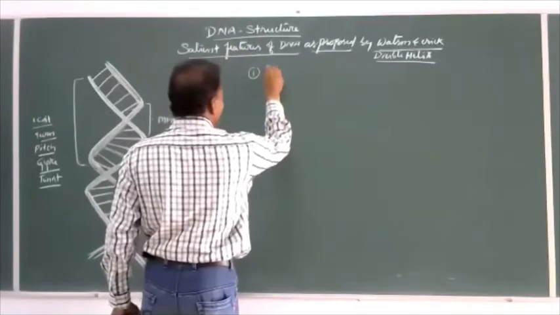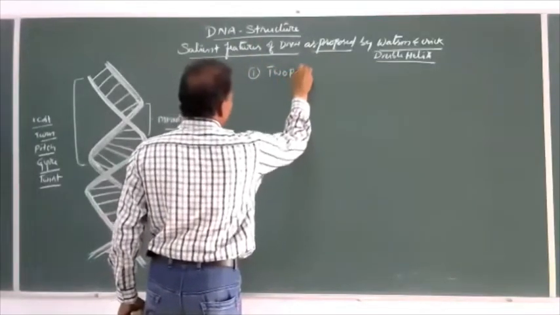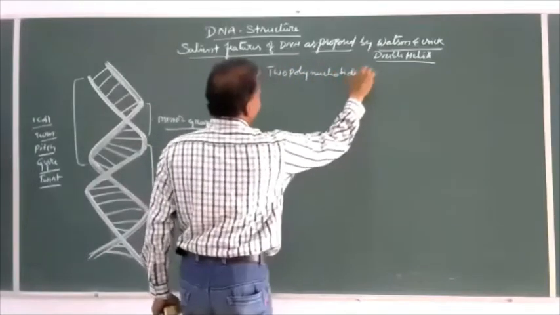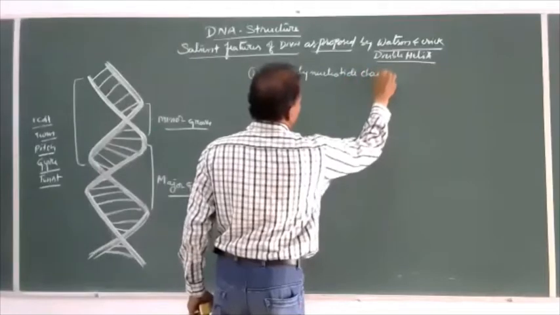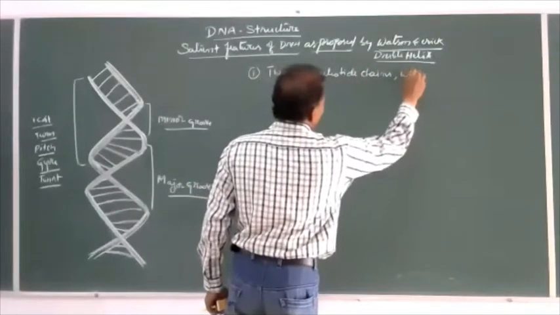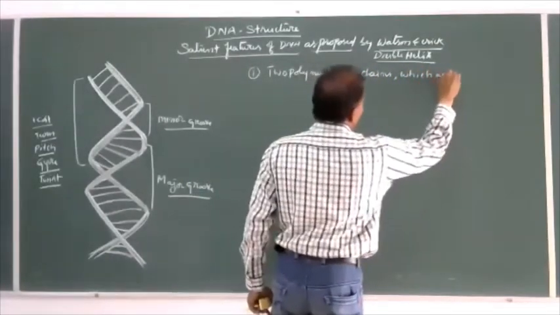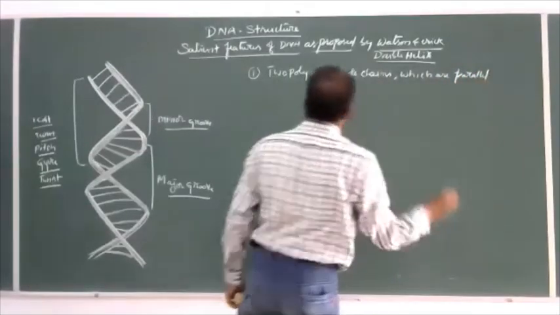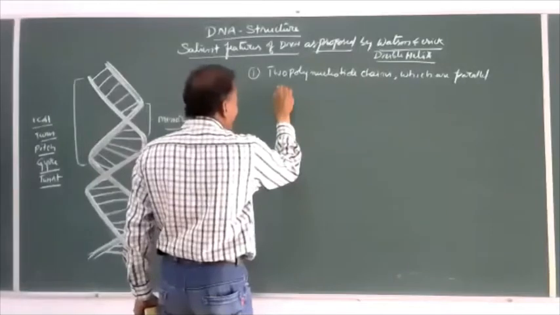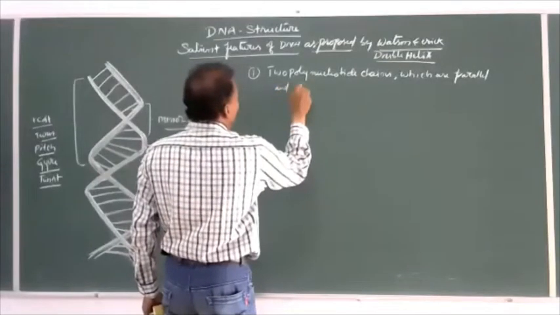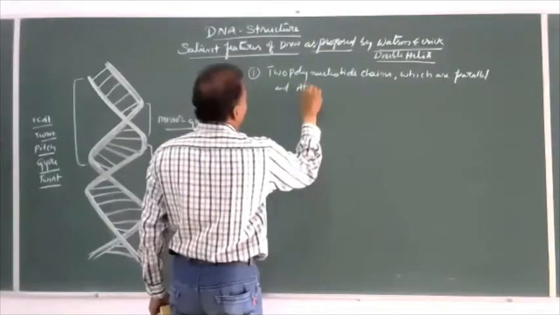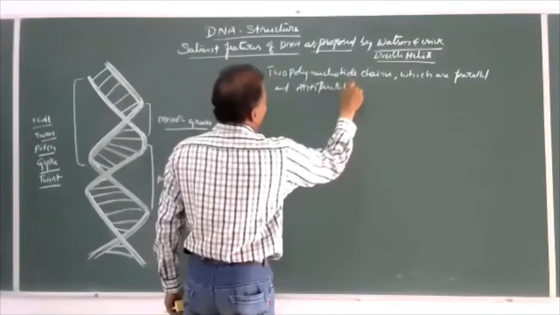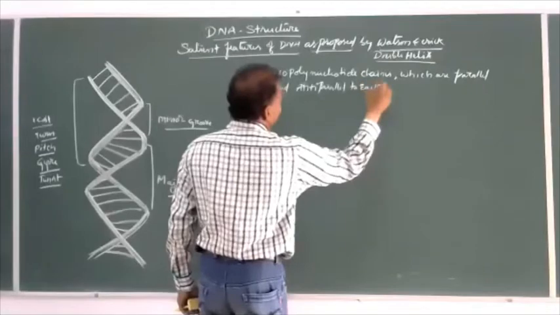DNA consists of two polynucleotide chains which are anti-parallel to each other.